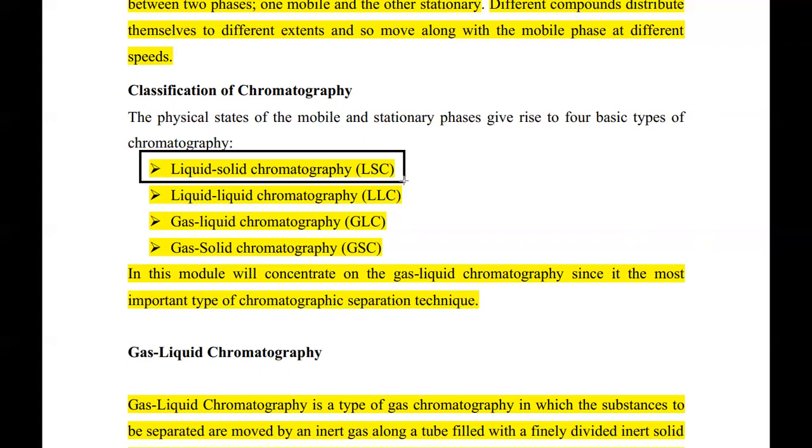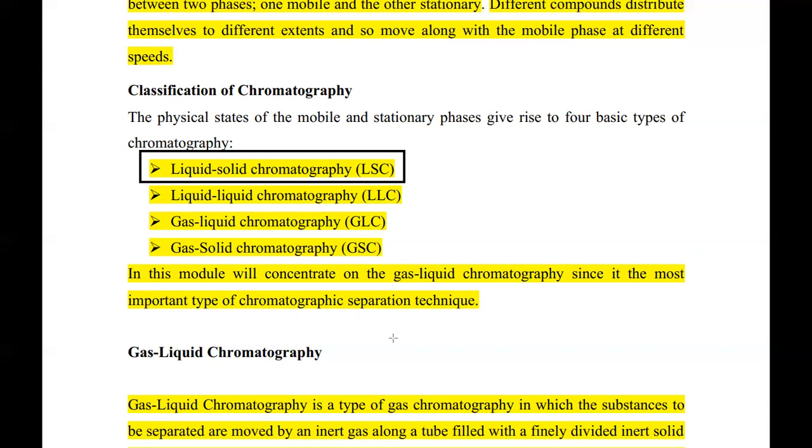Once you have that one, that is an example of a liquid solid chromatography, because we had this liquid carrying the sample on the chromatogram, and the paper where the samples were being positioned is a solid. So the one that I've drawn is a practical example of a solid liquid chromatography.